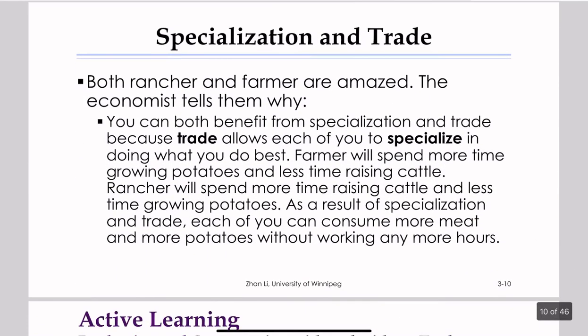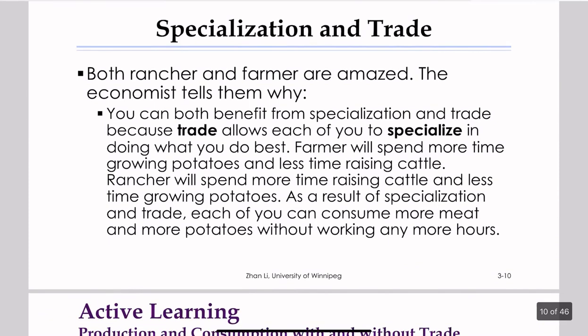Now what's the intuition here? The intuition is actually fairly simple. Basically, through specialization, each of the farmer and the rancher can specialize in doing what they do best.